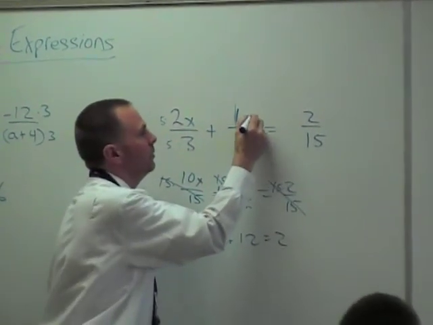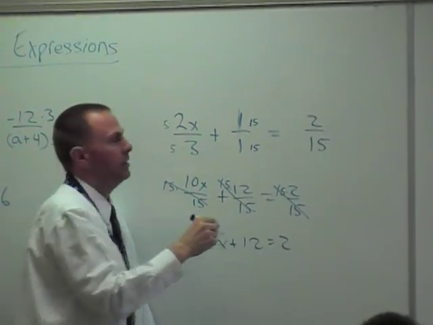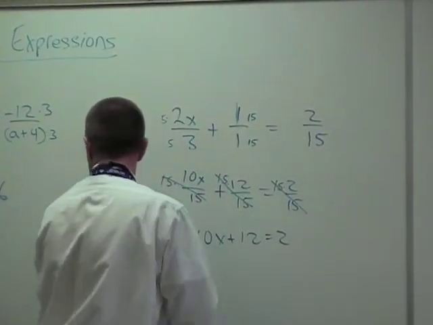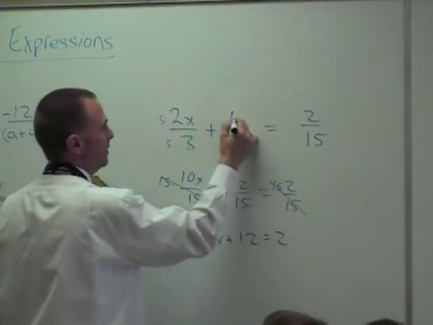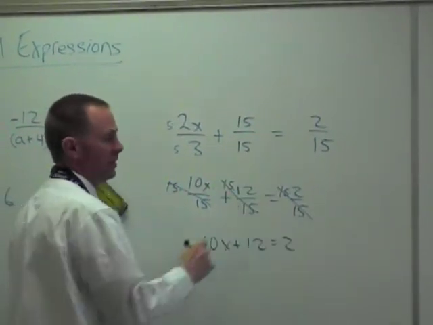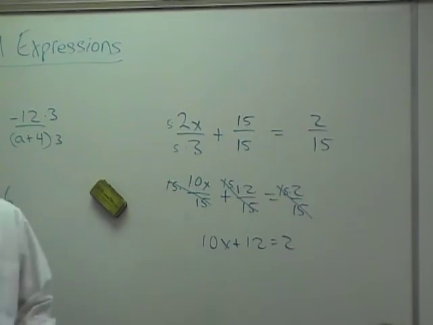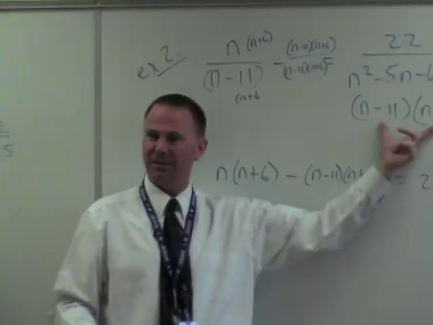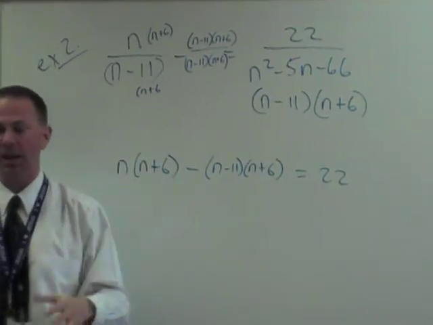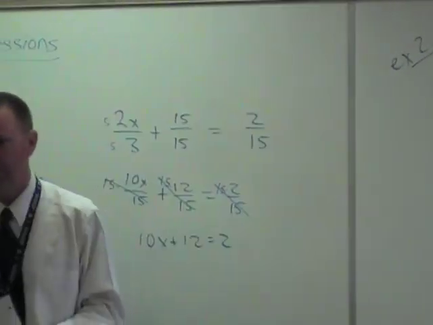Okay, what's 15 times 1? So really what you just said was, if it's a 1, it just becomes the common denominator over itself. The common denominator here is these two factors. So whenever you have a 1, it's just the common denominator over itself. That's where it came from.